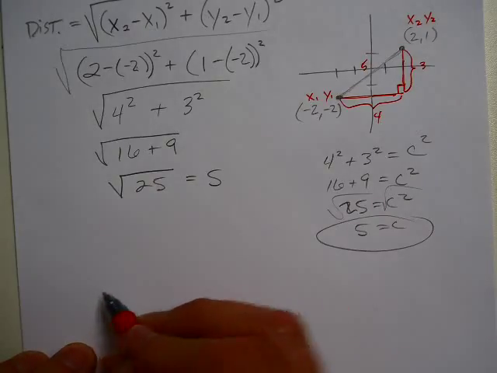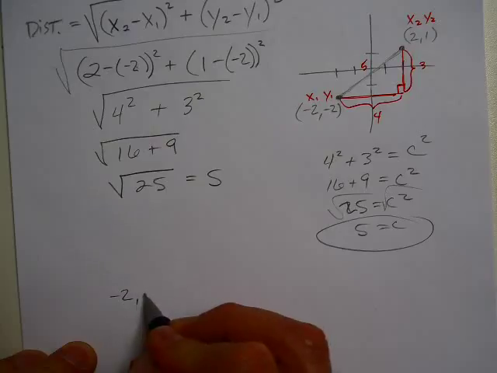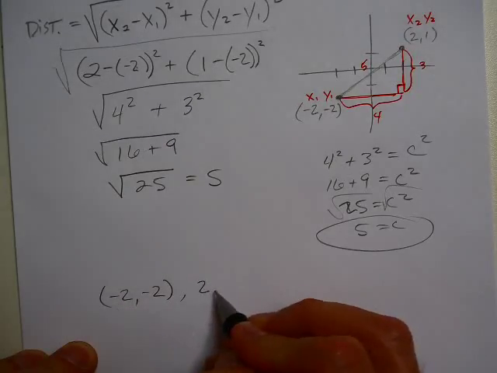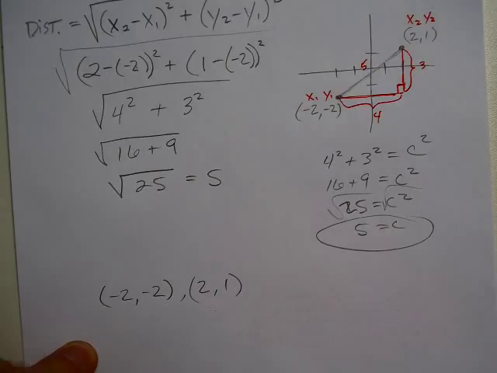Let's say I just give you a pair of points, and I say those points are -2, 2, -2, -2, and 2, 1. What numbers in the slope does the rise come from? The x's or the y's? The y's, right. And what does the run come from? The x's.